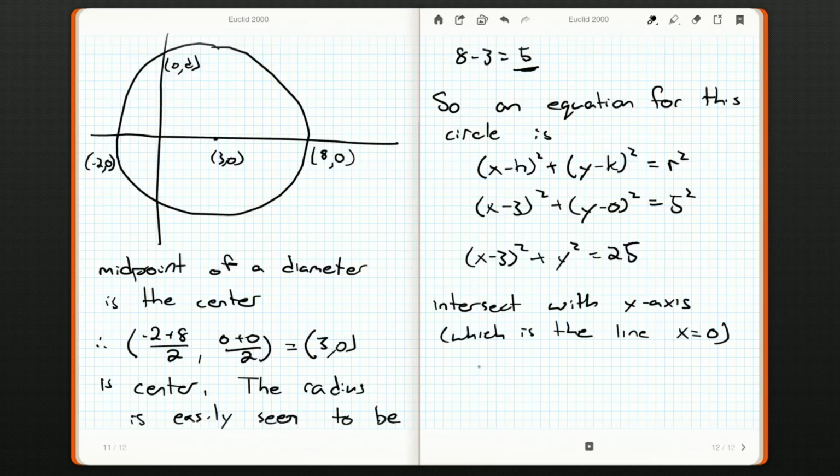So we'll plug in the point (0, D): 0 minus 3 squared plus D squared is equal to 25. Well, that's 3 squared plus D squared equals 25.